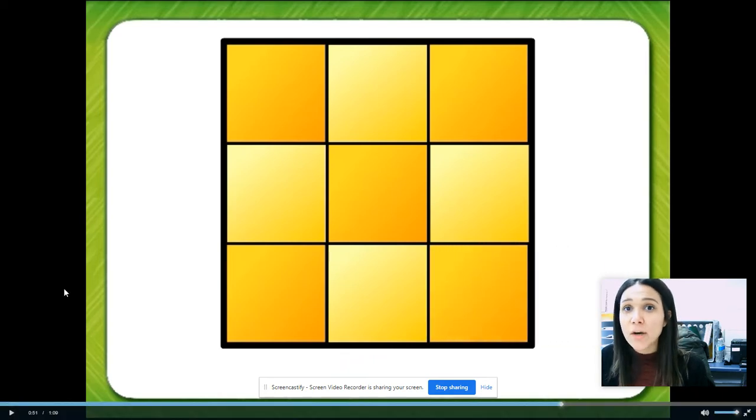Boys and girls, echo me, composite. This is exactly what a composite shape is. We used a square. Well, we put many small squares to make what? One big square. Good job.